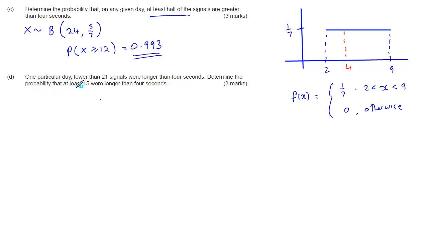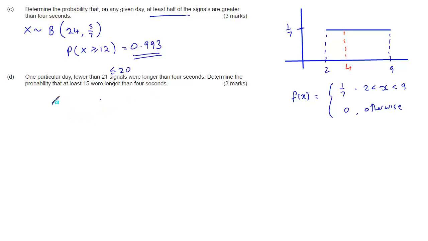One particular day, fewer than 21 signals, now remember this is a discrete distribution now with this binomial, so that's going to be less than or equal to 20, were longer than 4 seconds. Determine the probability that at least 15 were longer than 4 seconds.